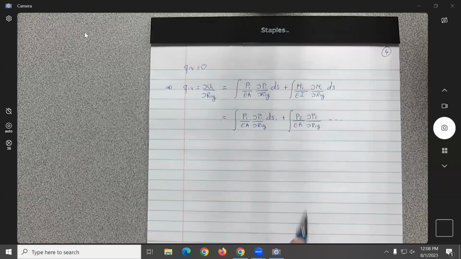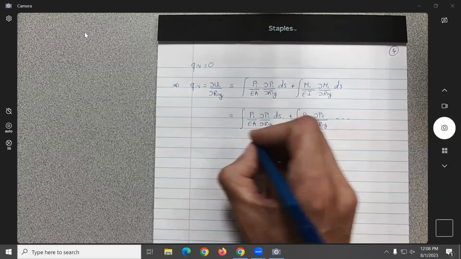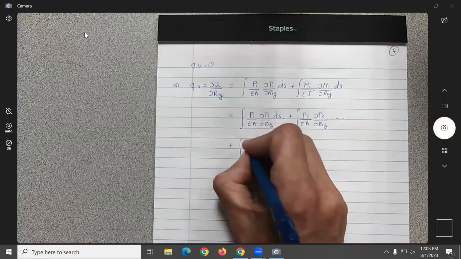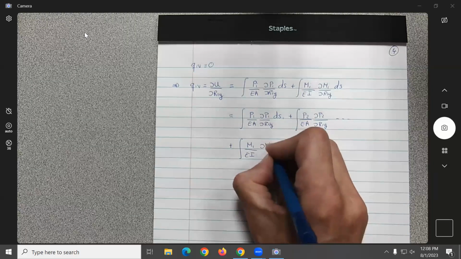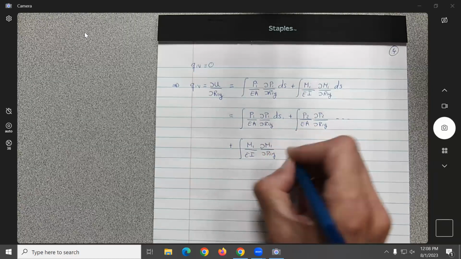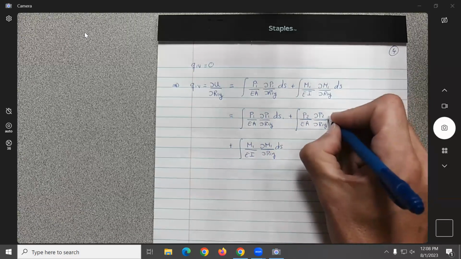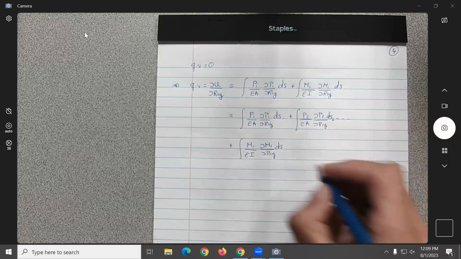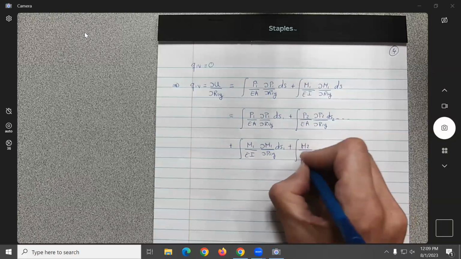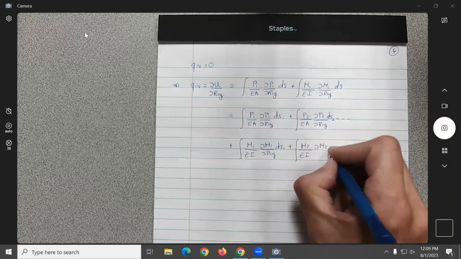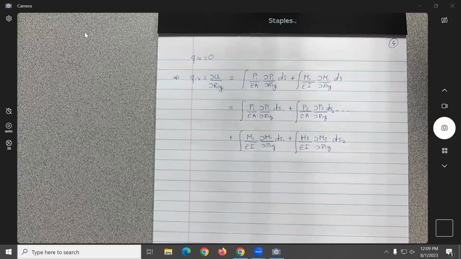This will be the actual axial deformation of 1 and 2, no? Then we do the bending: plus the integral of M1 over EI, partial M1 over partial R1Y, ds1 — oops, I forgot the ds1 here — plus the integral of M2 over EI, partial M2 over partial R1Y, ds2.